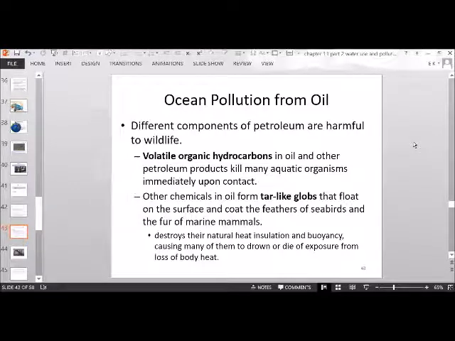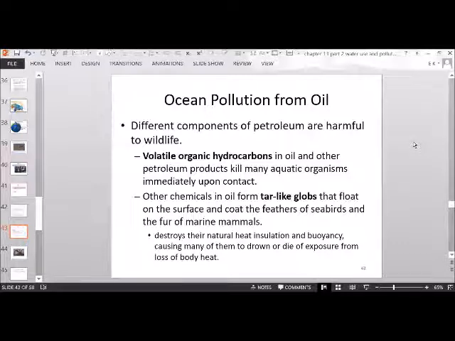And the different components of the petroleum are harmful to wildlife, including volatile organic hydrocarbons in the oil and other petroleum products that contain the organic hydrocarbons as well, could kill many aquatic organisms immediately upon contact.